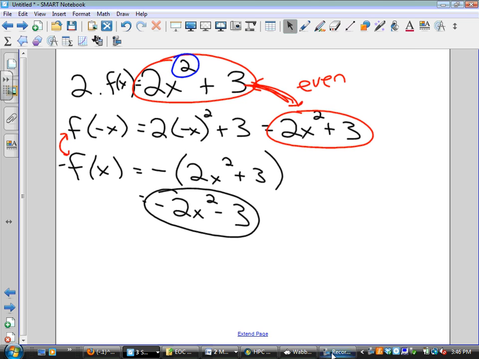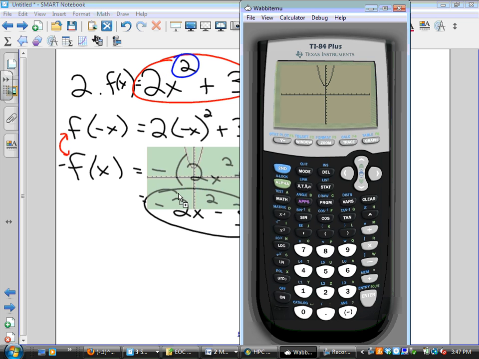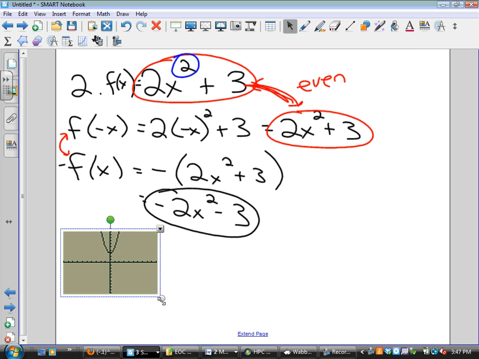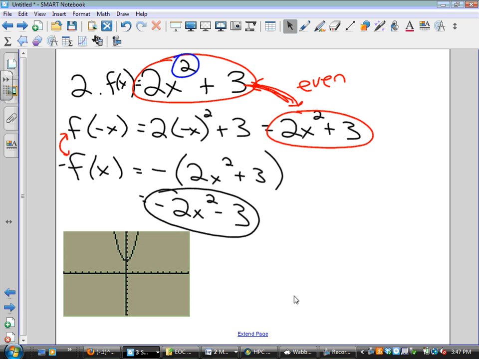This graph is symmetric with respect to the y-axis. So what that means is, if we were to draw a line down the y-axis here and flip it across that, we have the same thing on both sides. Okay, so anytime a function is symmetric with respect to the y-axis, that's an even function.